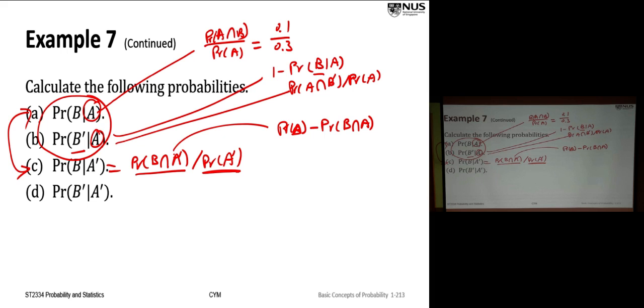But is it possible to get the answer for probability of A intersect B complement? And the answer is yes. From what we know, this is equal to probability of A minus probability of A intersect B. Right?